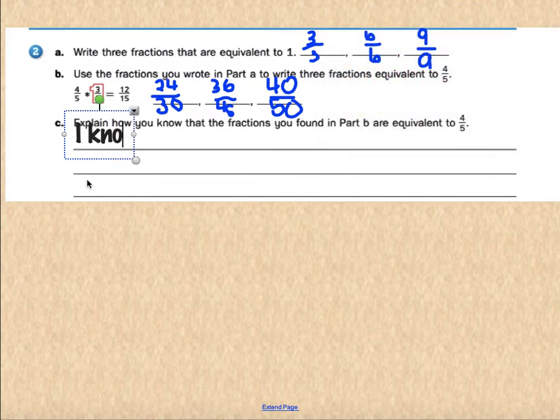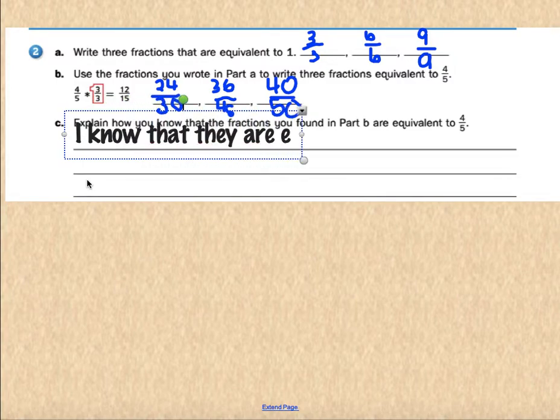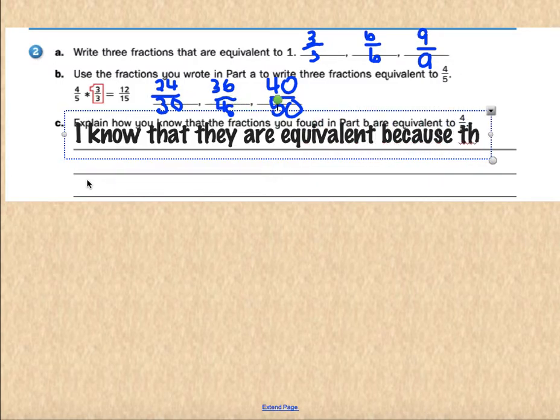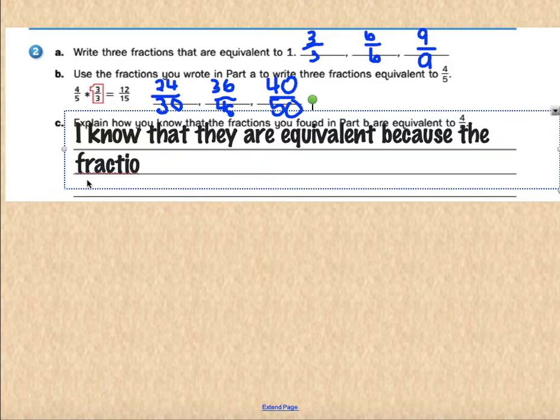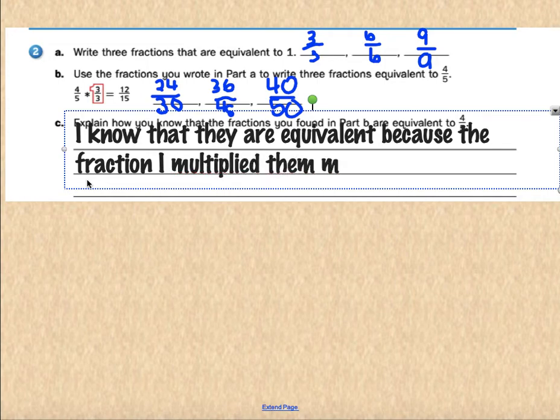I know that they are equivalent because the fraction I multiplied them by is equal to 1.